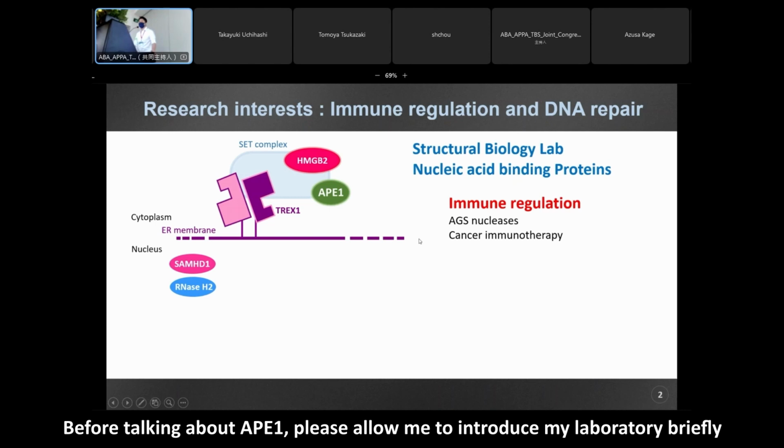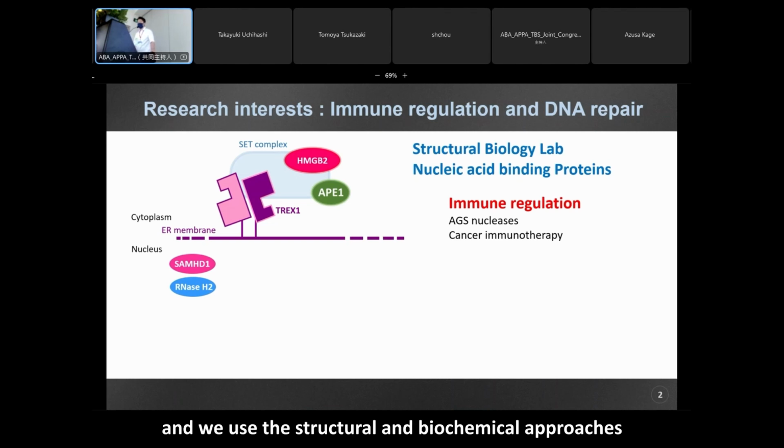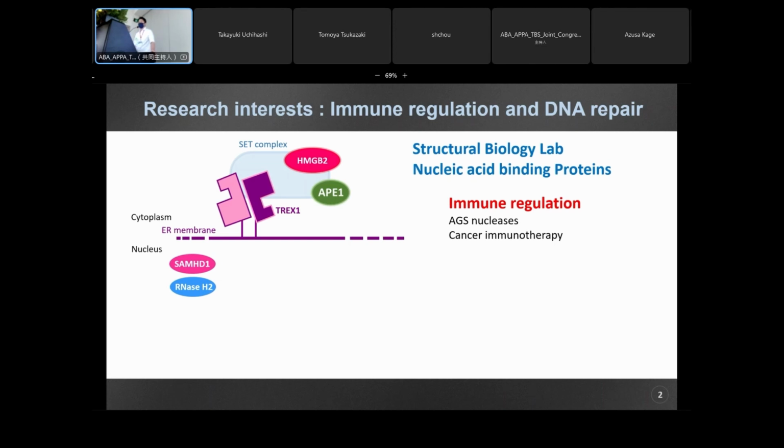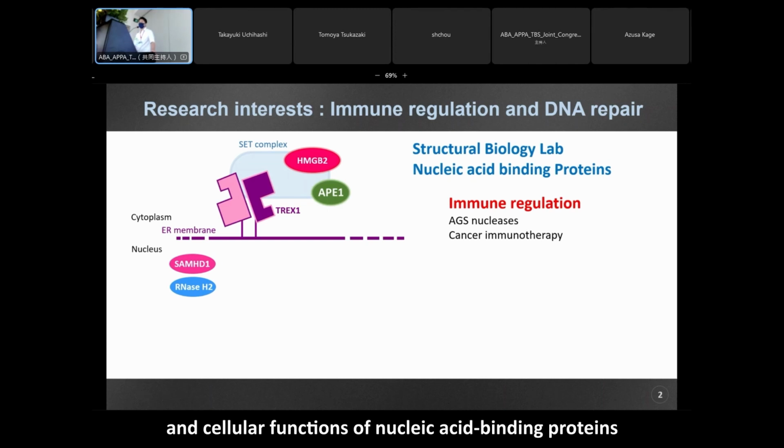Before talking about APE1, please allow me to introduce my laboratory briefly. My lab is a structural biology laboratory, and we use structure and biochemical approaches to understand the catalytic properties, substrate selection mechanism, and cellular functions of nucleic acid binding proteins.